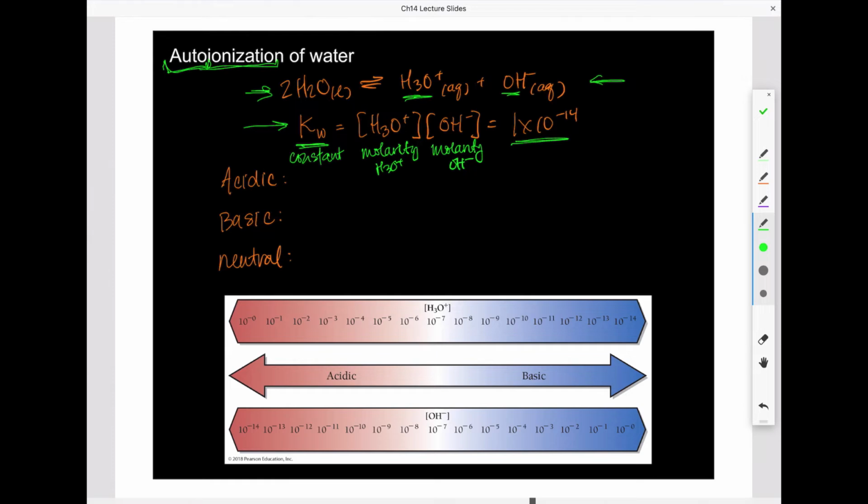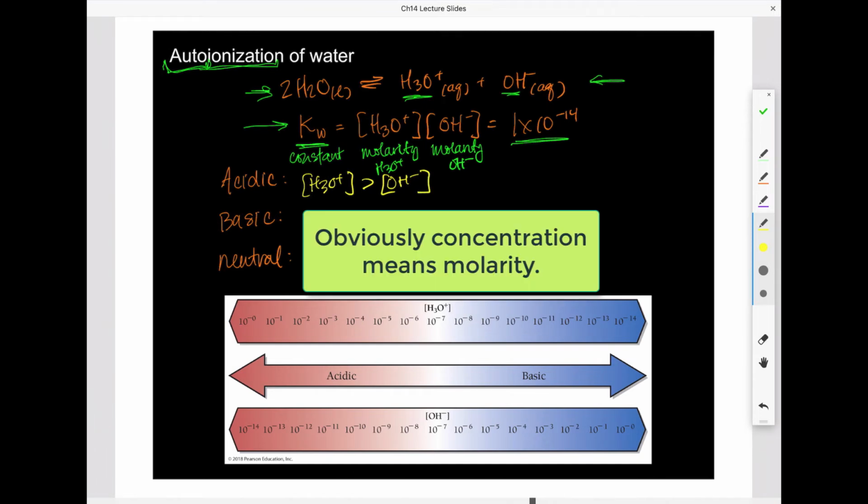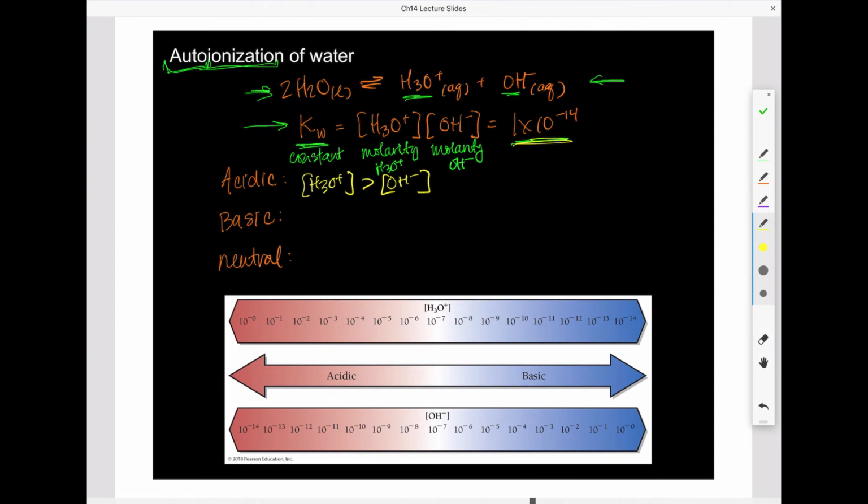So what that means then is if I'm looking at an acidic solution, my H3O plus concentration is going to be greater than my hydroxide ion concentration. The product is still going to be 1 times 10 to the negative 14th, but hydronium is going to be bigger. A basic solution would require that my hydronium ion is going to be less than my hydroxide ion, right? And again, the product is still going to be 1 times 10 to the negative 14th.